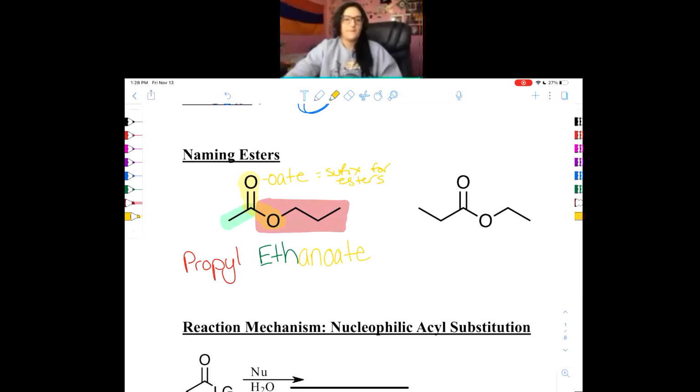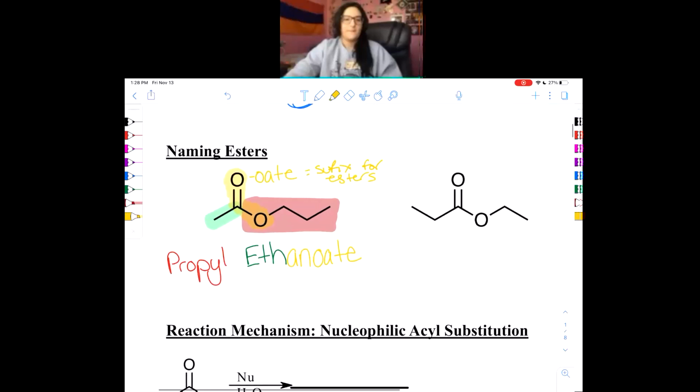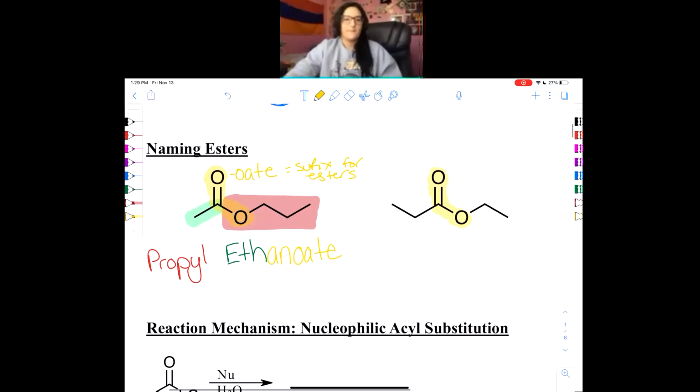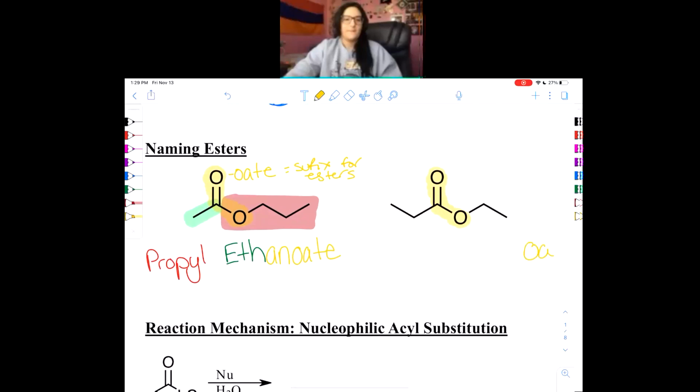All right, so this next one, I'll leave it zoomed out a little bit for a second. We know already that the suffix is going to be -oate, so we'll leave that at the end. We're going to name the part on the oxygen, my bad, the side on the oxygen first. So how many carbons do we have highlighted in red?